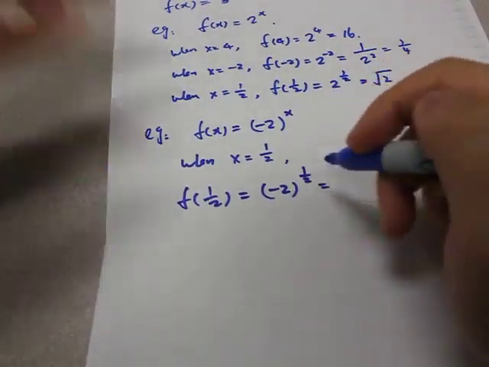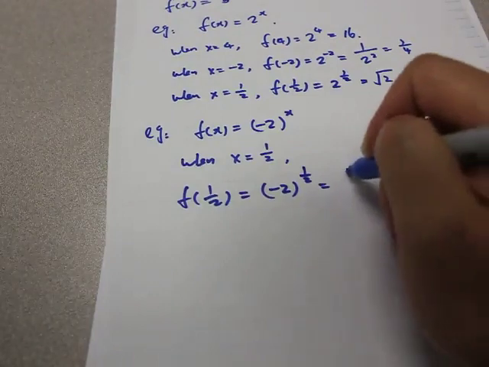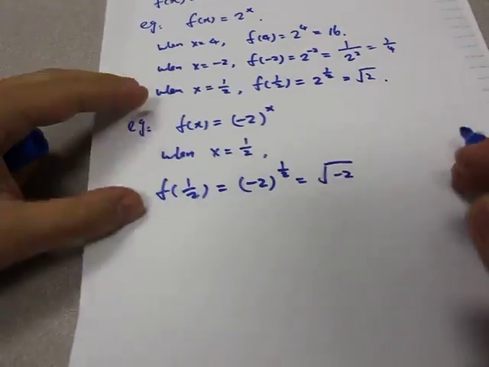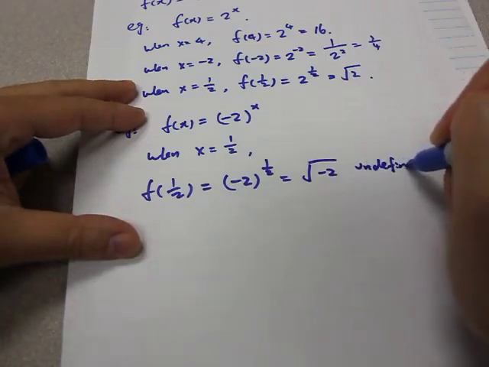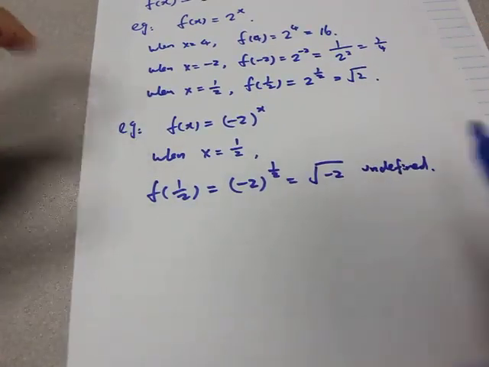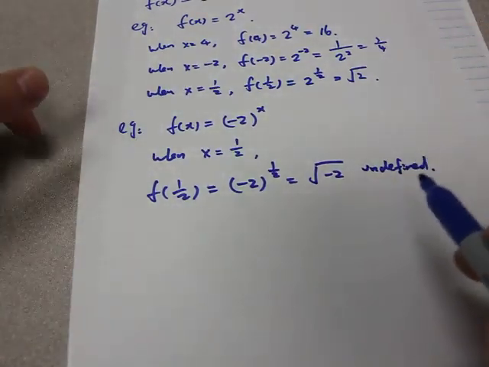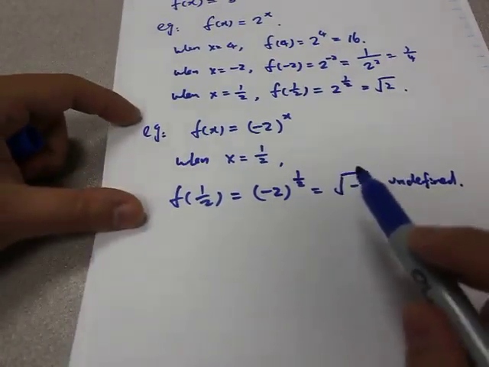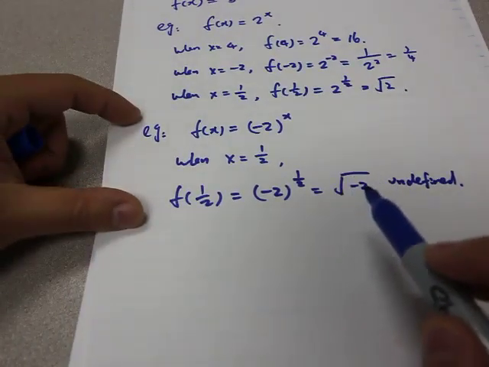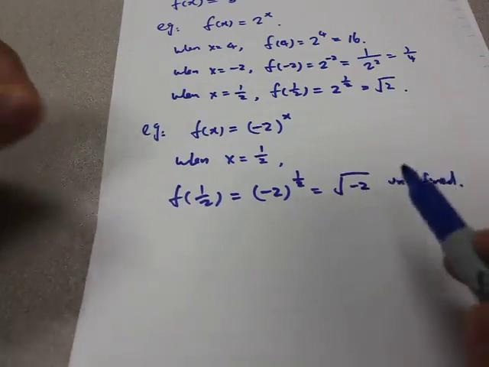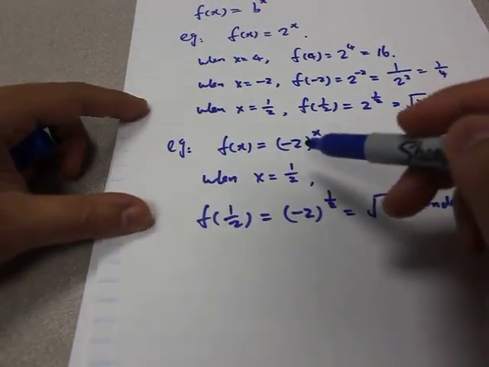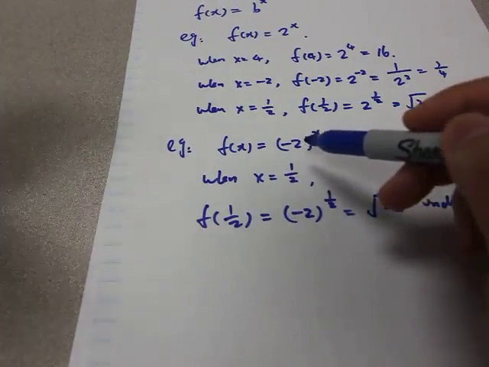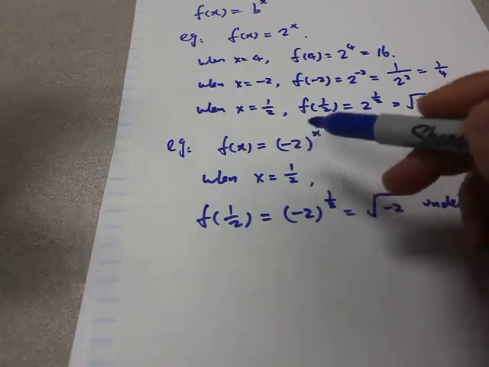This is equal to the square root of negative 2, and this is undefined, because we are talking about real numbers, right? The square root of negative 2 doesn't exist if we are talking about real numbers. So that's why we are not able to use a negative number as our base.